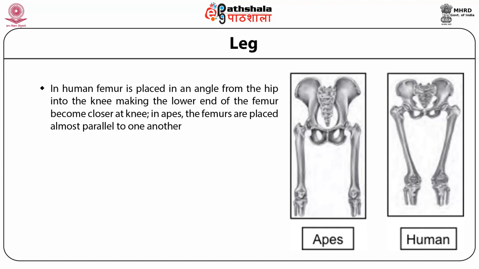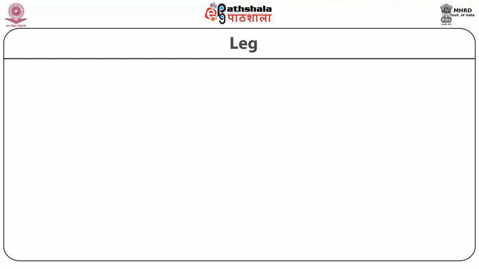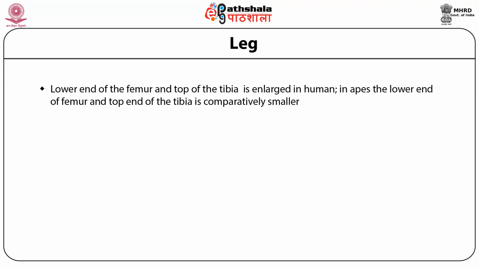Moreover, to bear the weight of the body, the shaft of the femur in humans is slightly curved. The linea aspera is well marked in humans but diminished in apes. Further, the distal or lower end of the femur, called the femoral condyles, and the top of the tibia are enlarged in humans.